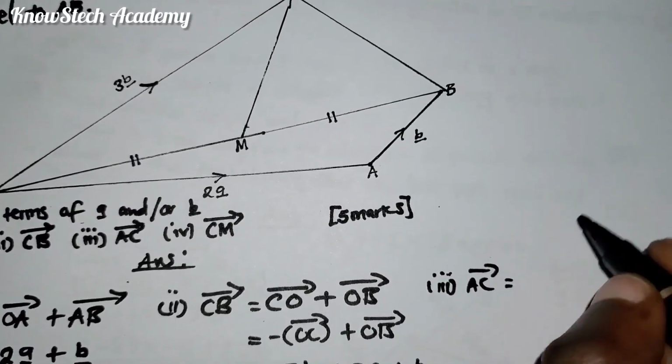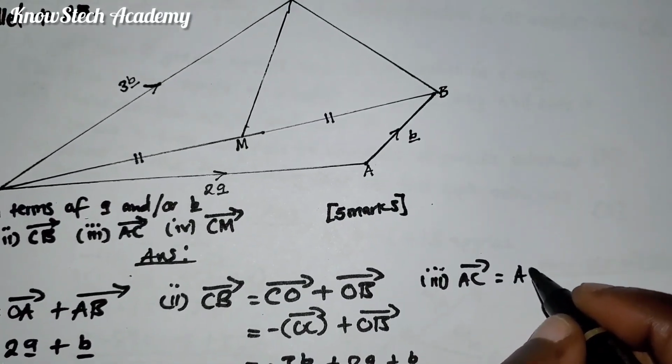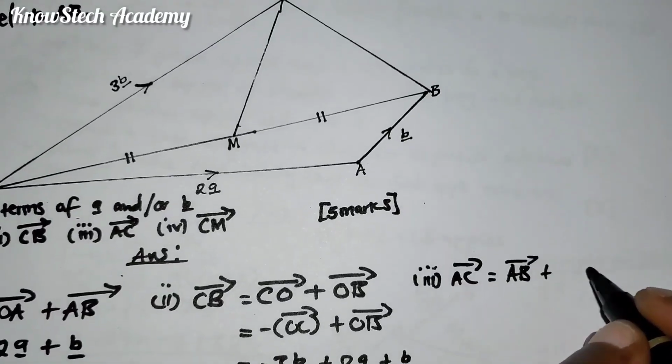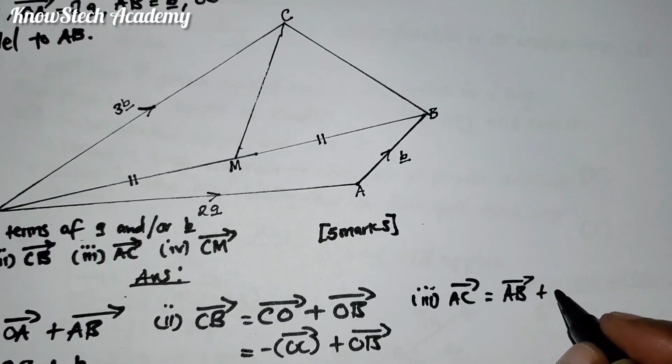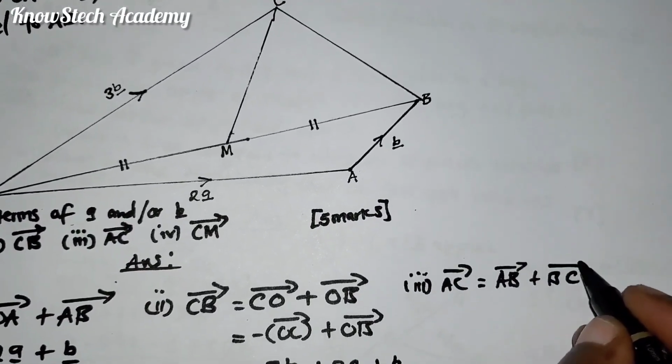AC is equal to vector AB plus vector BC.